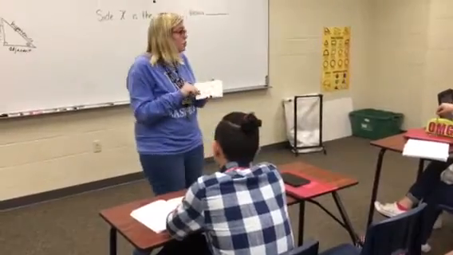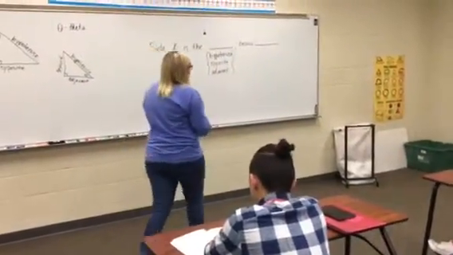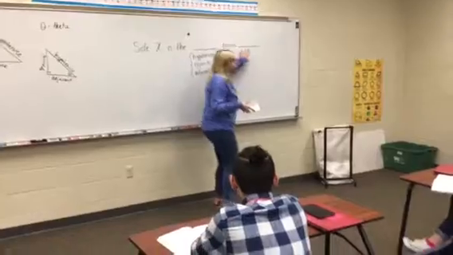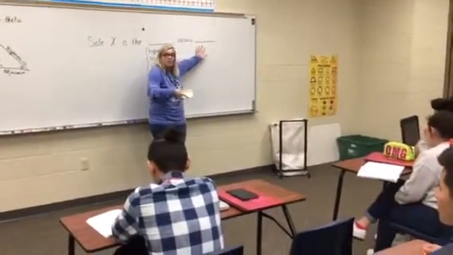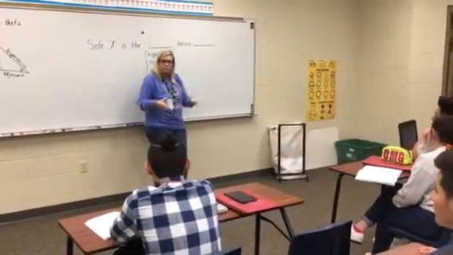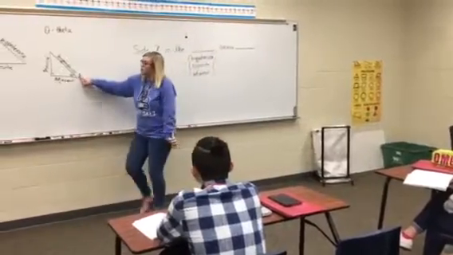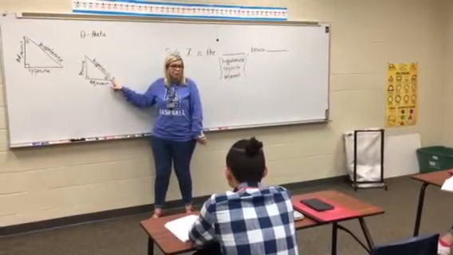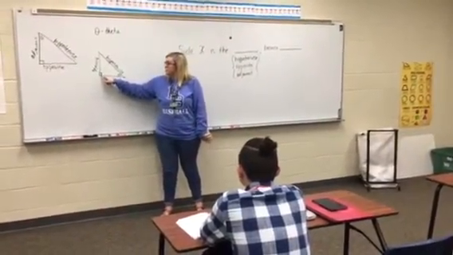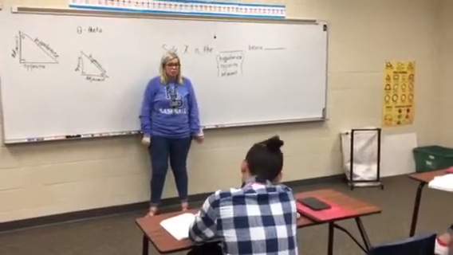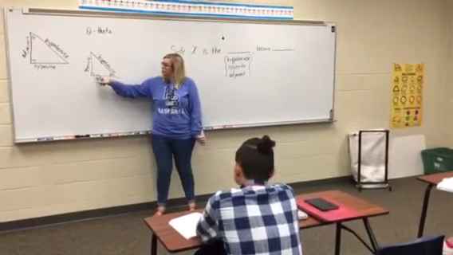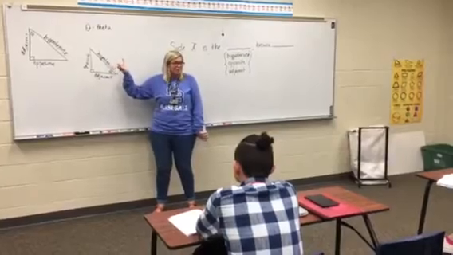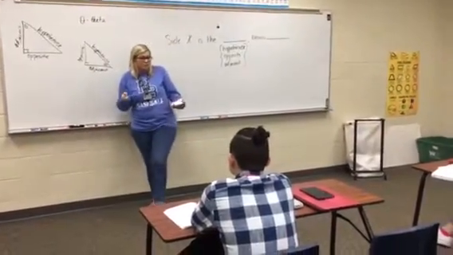Your answer could be multiple things. You could say hypotenuse because it's the longest side, or hypotenuse because it is across from the 90-degree angle. Does that make sense?